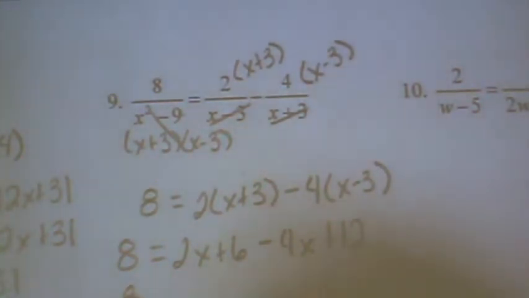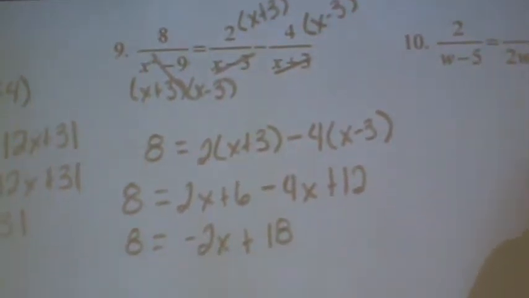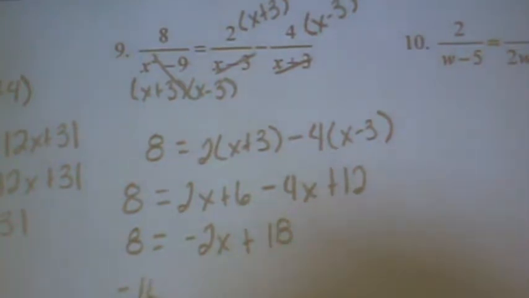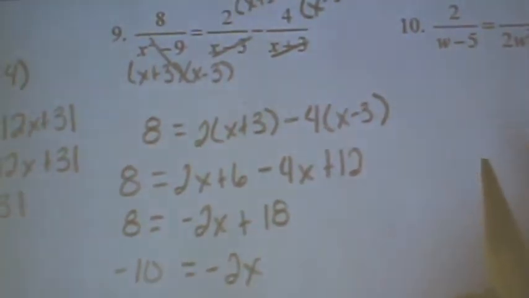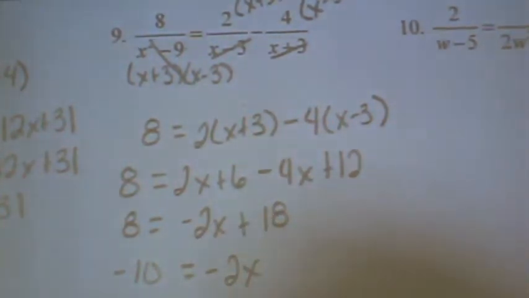Combining like terms, you get negative 2x plus 18. Subtracting the 18, we get negative 10 equals negative 2x. Dividing by the negative 2, we get 5 equals x.